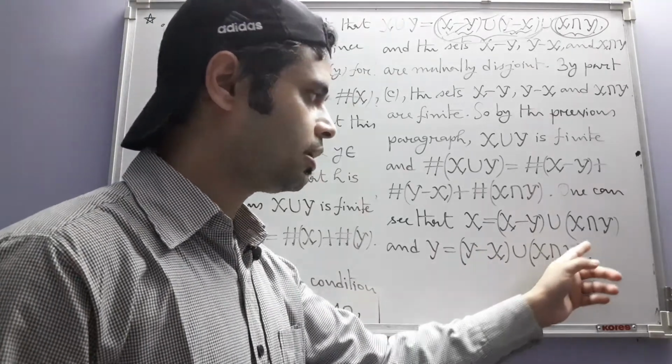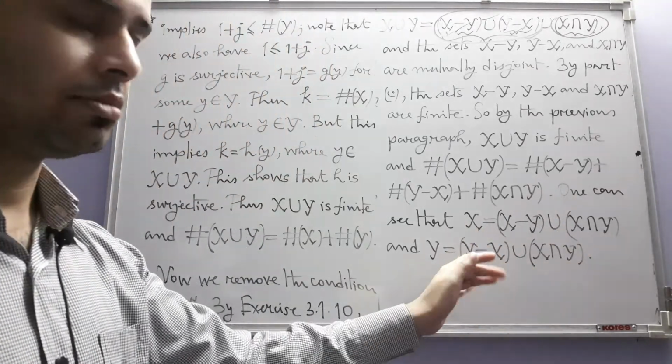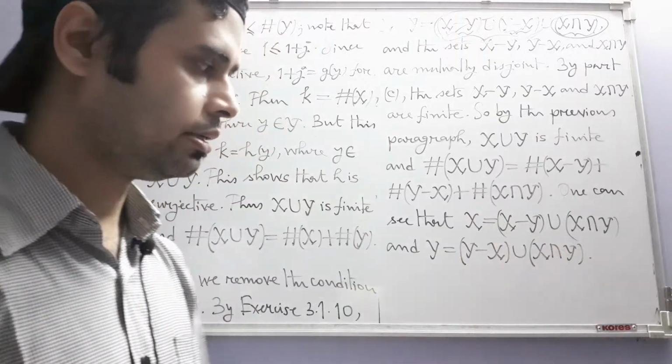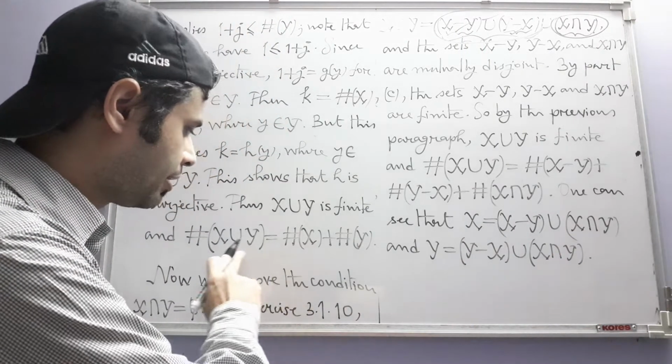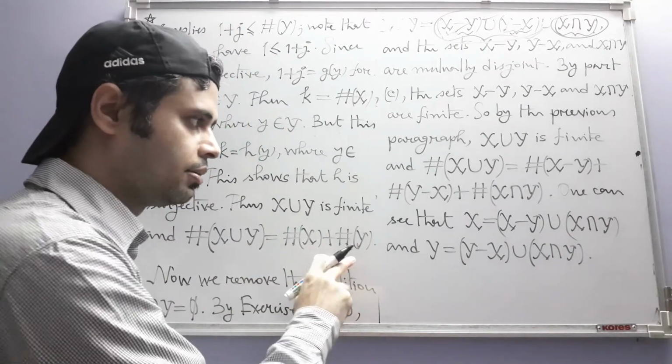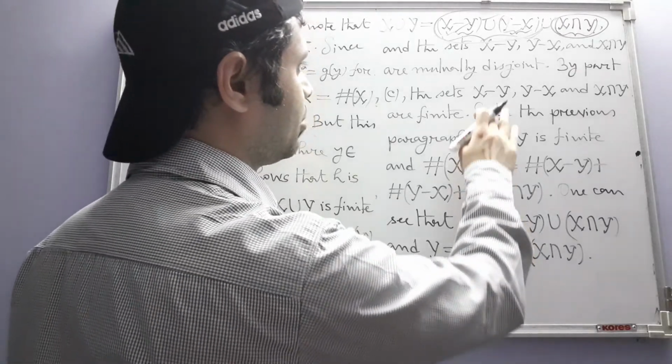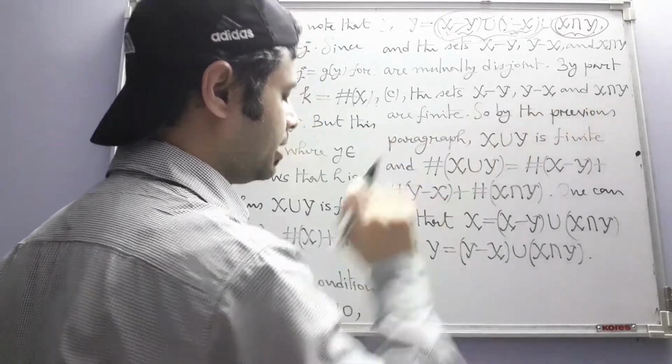And this union is a disjoint union. Both of them are disjoint because these sets are mutually disjoint. So we can again apply the previous result, and we already have the facts that these things are finite sets.